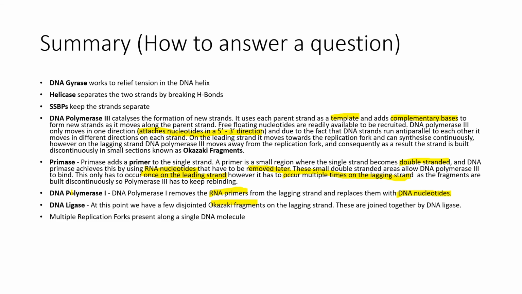So at this point, we have 2 strands of double-stranded DNA. Now there are multiple of these replication forks present along a single DNA molecule to make this process more efficient. And these replication bubbles occur in both directions, so eventually you will be left with 2 strands of double-stranded DNA. And that is DNA replication.